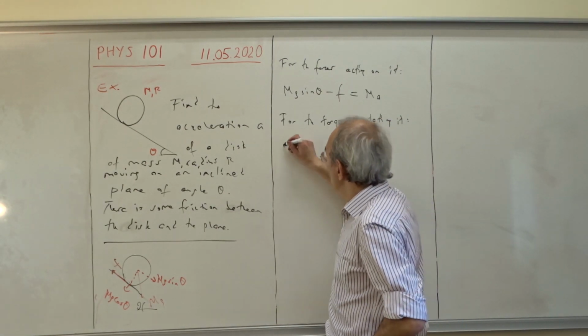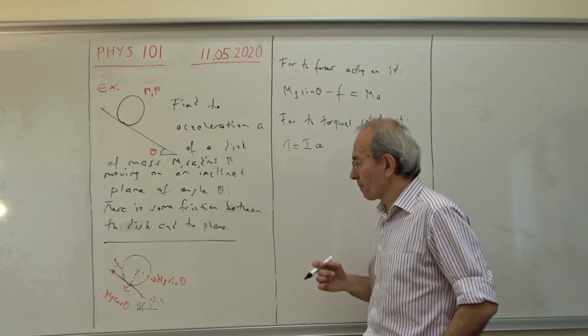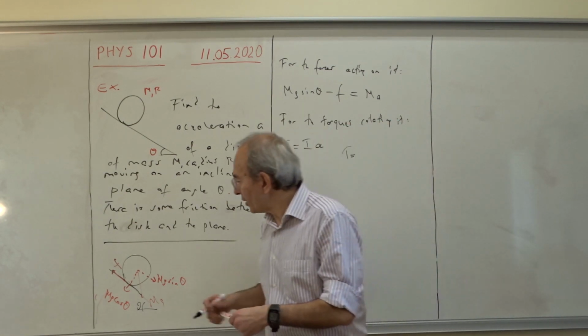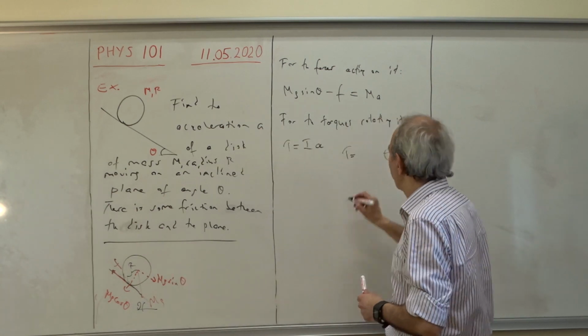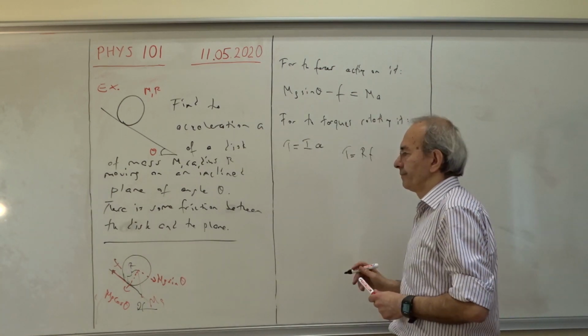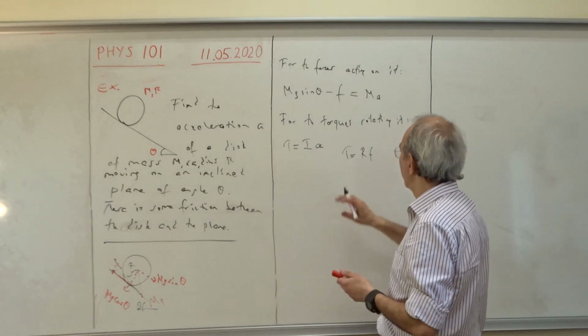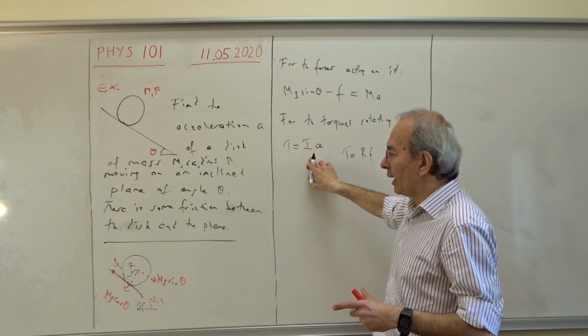Alright, for the torques, tau is equal to I times alpha. What is the torque? Tau is equal to the radius r times f. It is never r times mg, be careful. r times f.